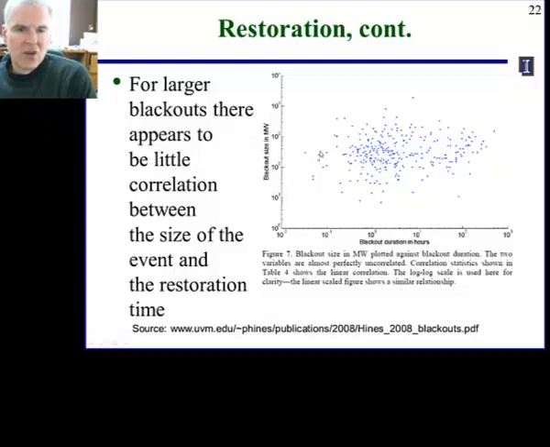So pretty much regardless of the size, you don't get a correlation there. You can have events that are very large and power is restored quickly, and you can have events that are relatively small and power takes a long time to be restored.